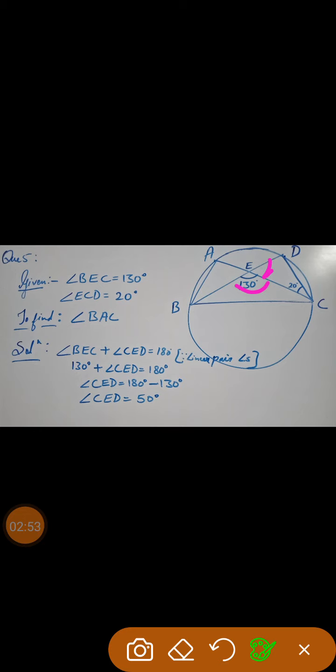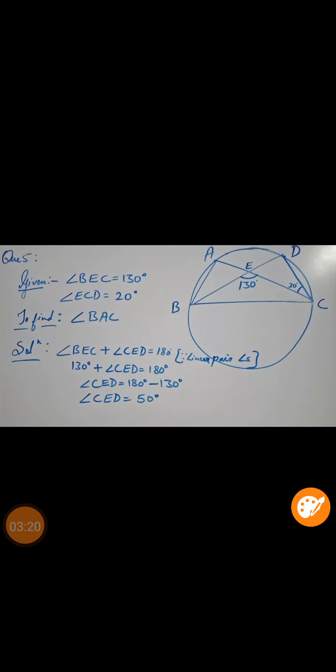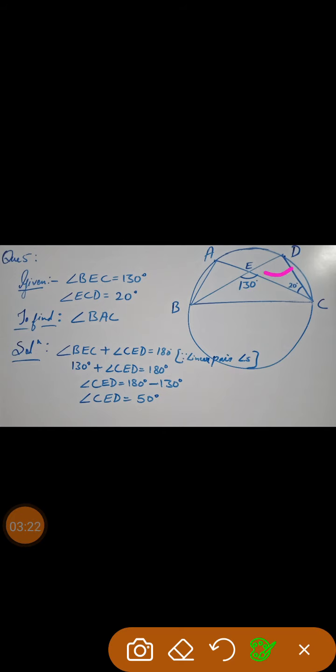These two are linear pair angles because their sum is 180 degrees and they are on a line. These are making a line, so we can say the sum of these two is 180 degrees, and write the reason also as it is written, linear pair angles. So angle CED is how much? It is 50 degrees, 180 minus 130. So we have got that angle CED is 50 degrees.